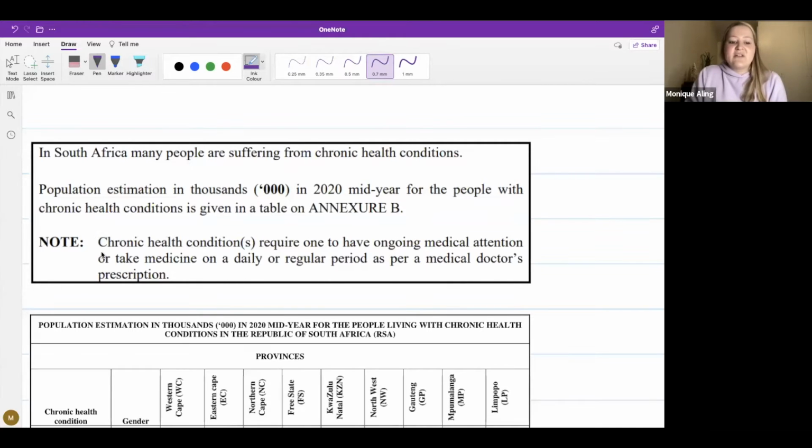They also give a side note saying chronic health conditions require ongoing medical attention or taking medicine on a daily or regular period as per a medical doctor's prescription. So they're just telling you what a chronic health condition is.